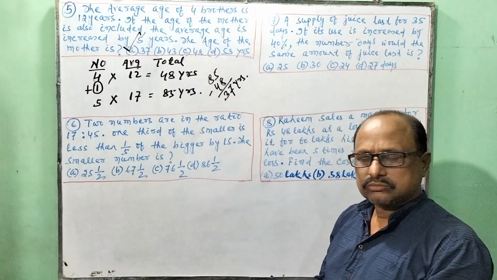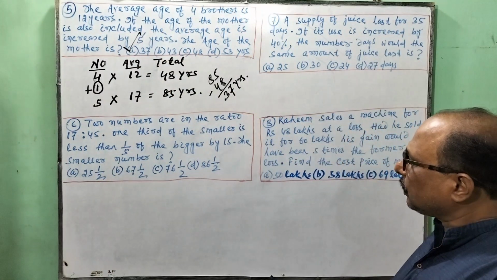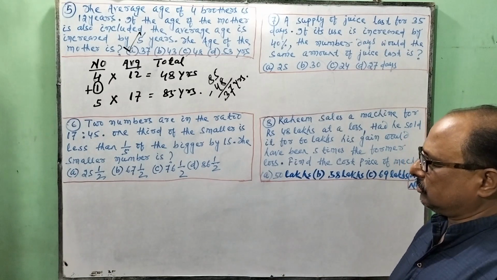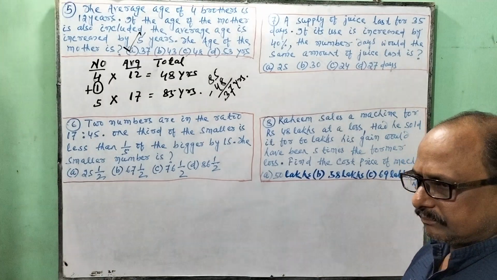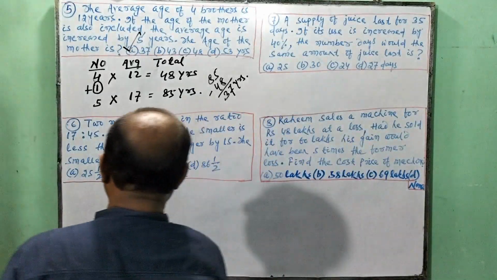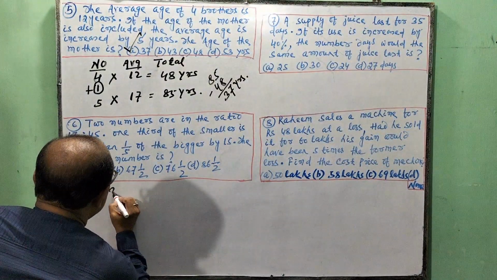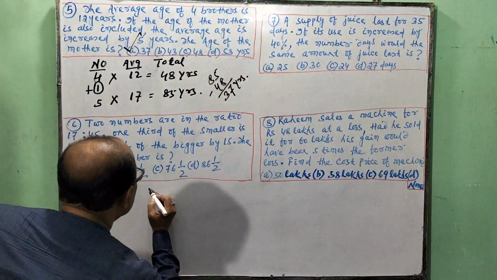Number 6. Two numbers are in the ratio 17 to 45. Suppose one number is 17x and the other number is 45x.